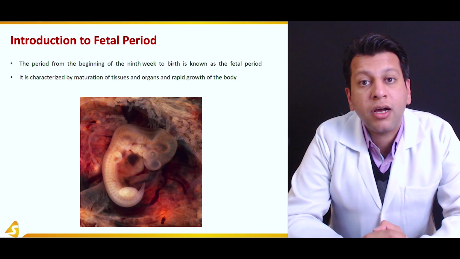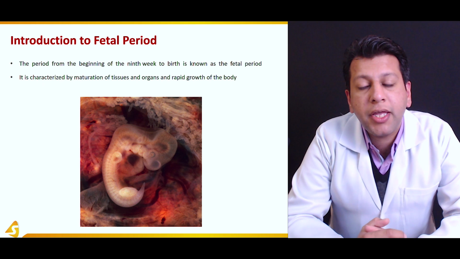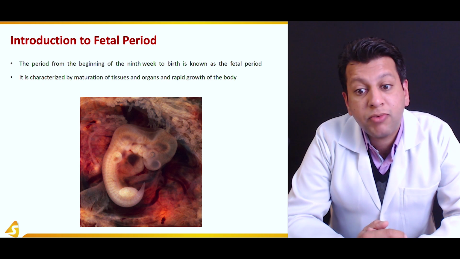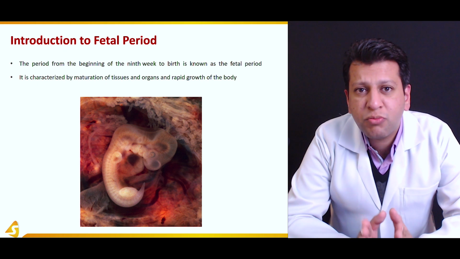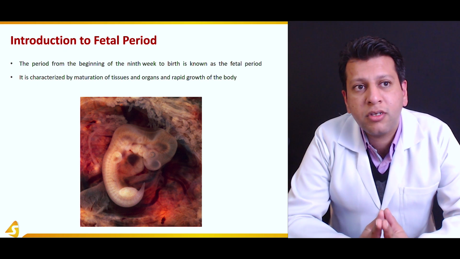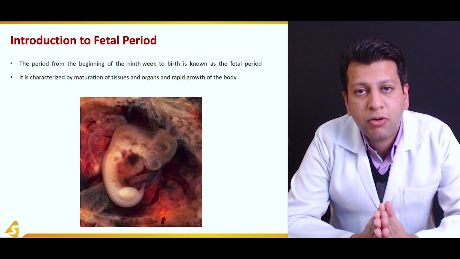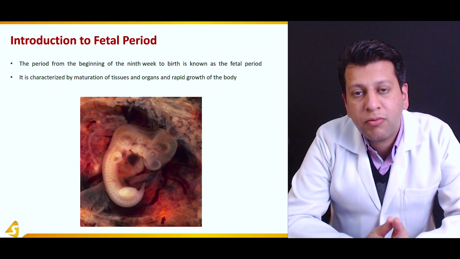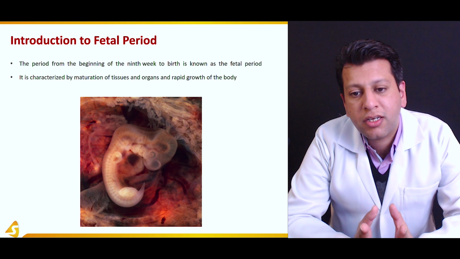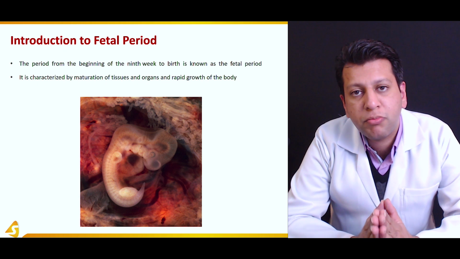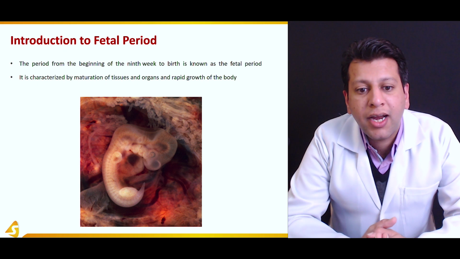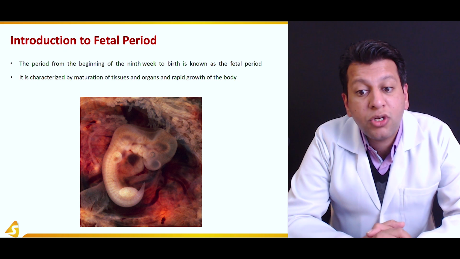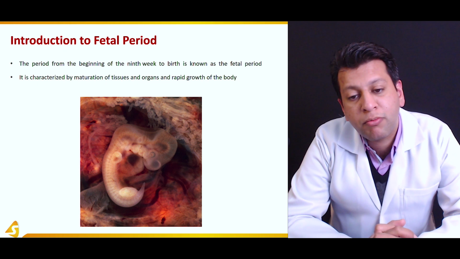Coming to the introduction of the fetal period, it is the period from the beginning of the ninth week to birth. As I told you, the first 2 months are the stage of embryogenesis. Once the third month starts, from the ninth week onwards, the fetal period begins. From the ninth week to birth, or parturition, it is characterized by maturation of the tissues and organs and rapid growth of the body.